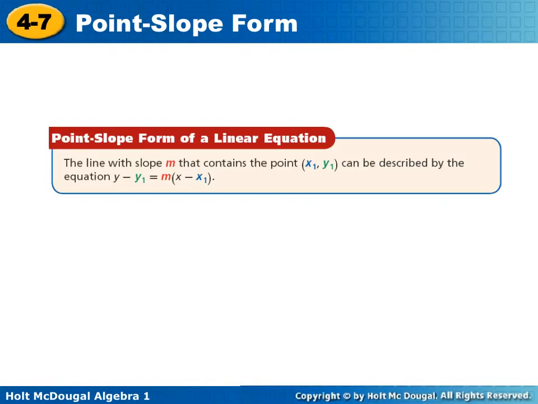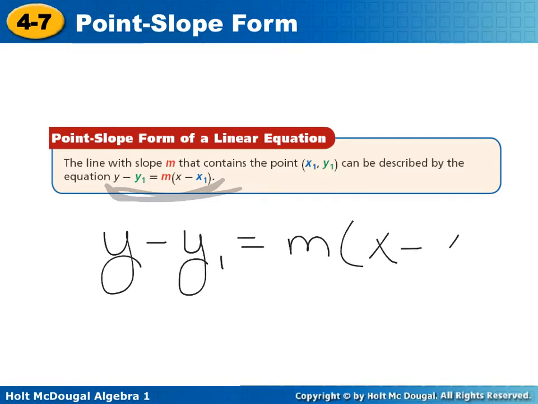What I expect you to do is to memorize this wonderful form of the equation. The point slope form of the linear equation is y minus y1 equals m, parentheses, x minus x1.